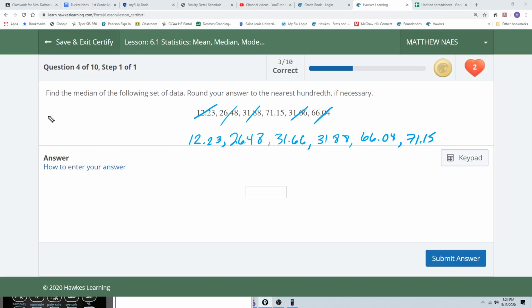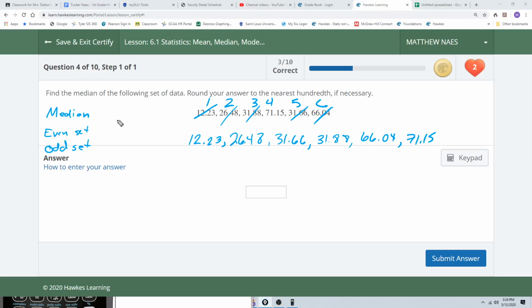Now, for median, we have two cases. It depends on whether you have an even set of numbers or an odd set of numbers. Here we have 1, 2, 3, 4, 5, 6 numbers.